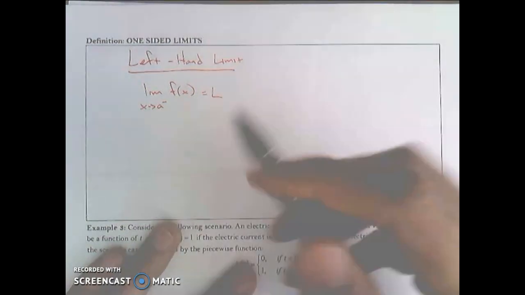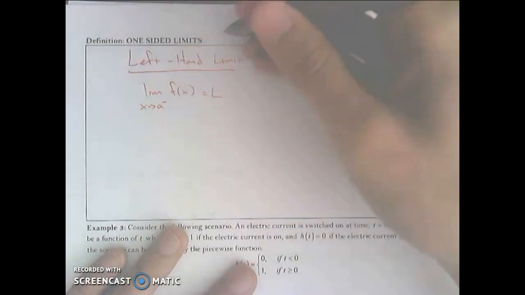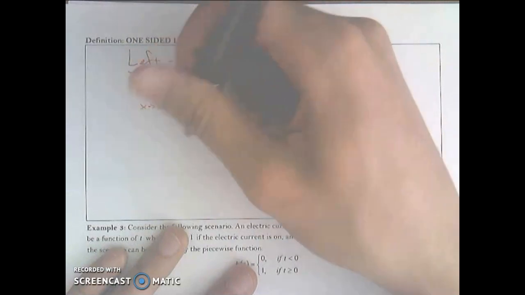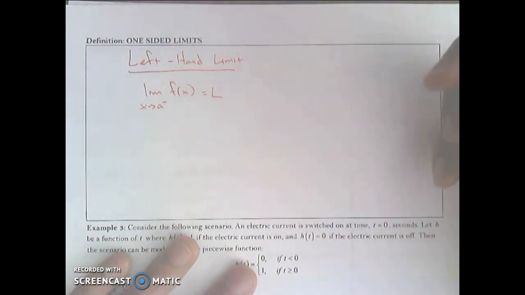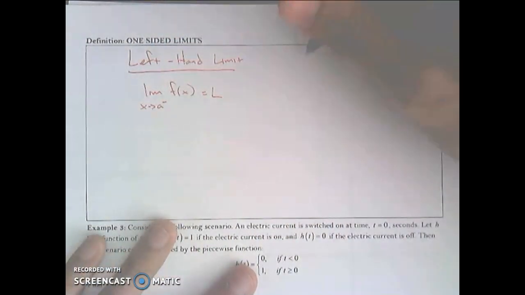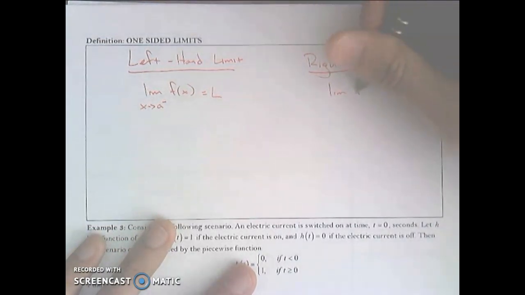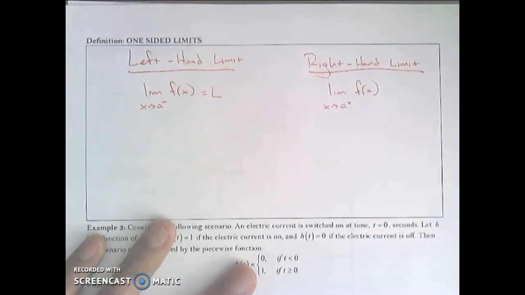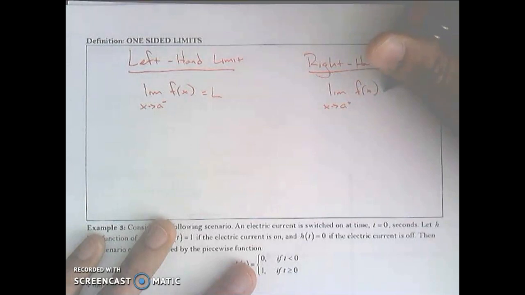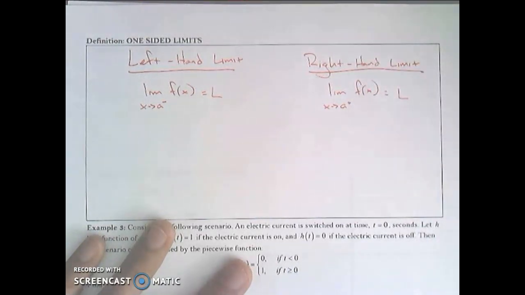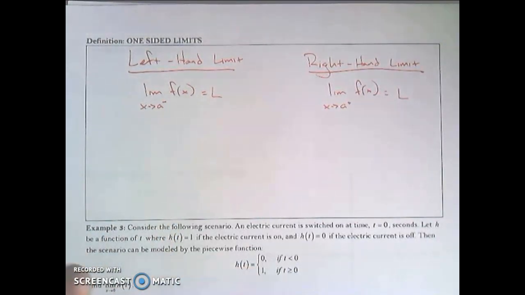As we approach a from the left-hand side, what does the function appear to be approaching? Likewise, the right-hand limit is the limit of f of x as x approaches a from the right-hand side, or from the positive side. And we're saying that's equal to some value.